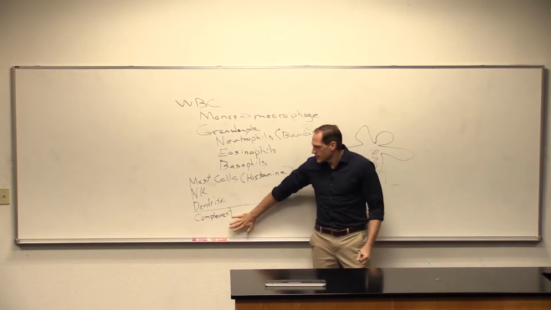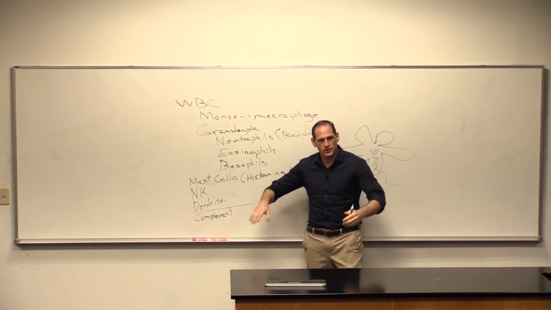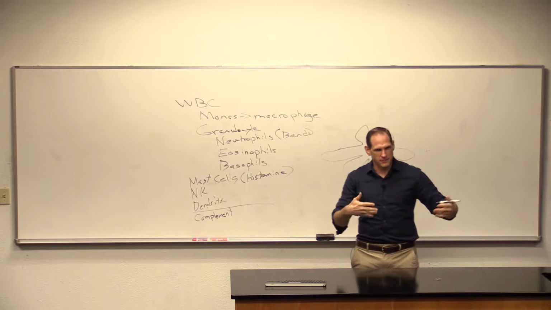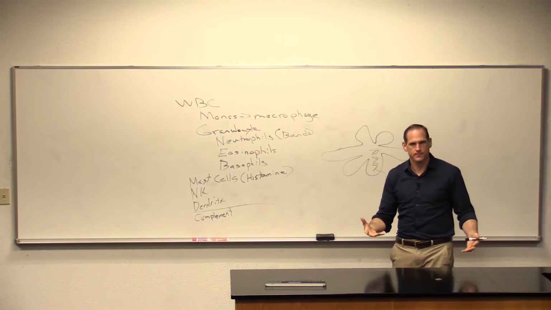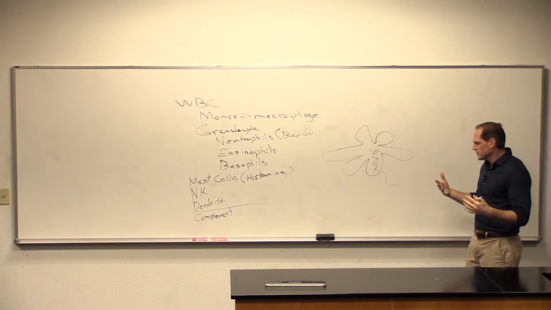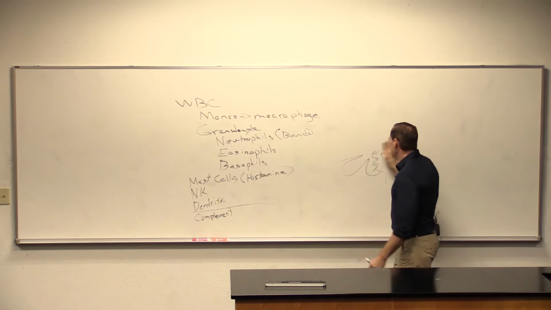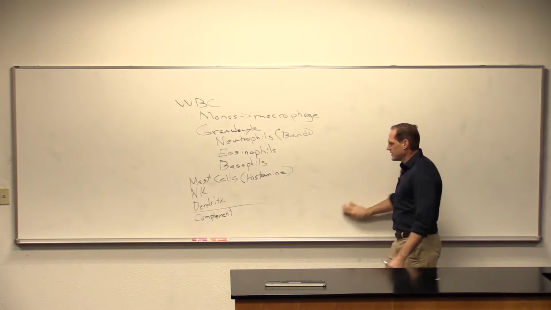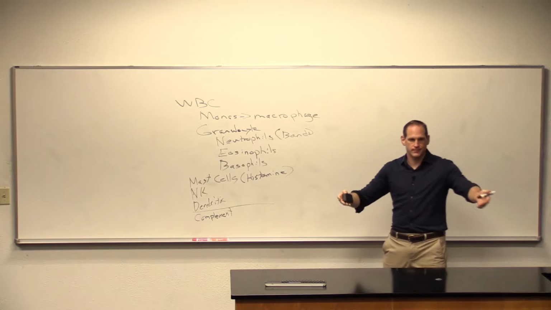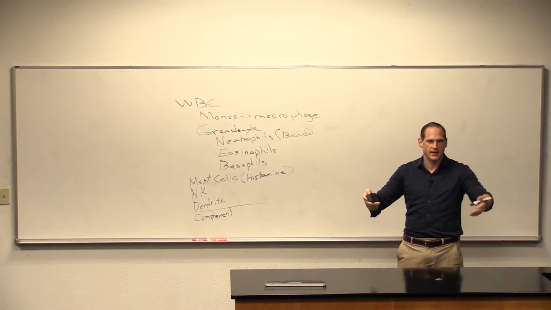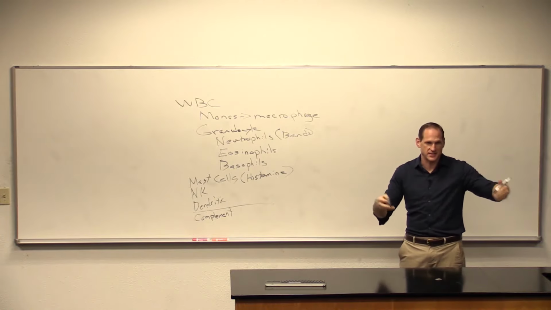So in this case, complement is going to complete or help the inflammation process do its thing. There's two things we need to know about complement. The first one is, how is the complement cascade, it's a series of enzymes that activate one another. That's why it's called a cascade.